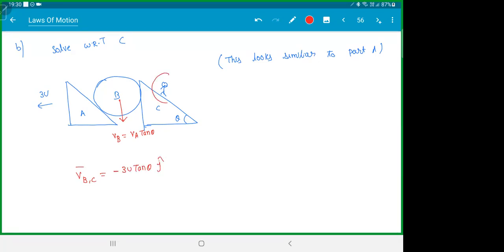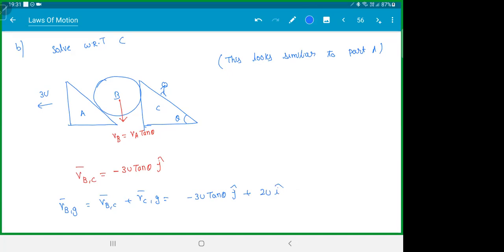So this observer will think B is going down with 3U tan theta j cap. But what I want is velocity in the ground frame. So velocity of B in the ground frame is velocity of B in the frame of C plus velocity of C in the ground frame. So that would be minus 3U tan theta j cap, and C itself is going with 2U i cap. That's your answer.